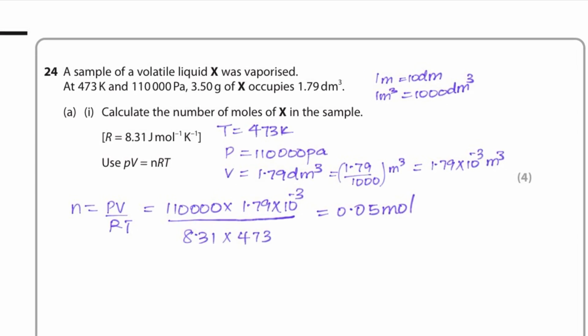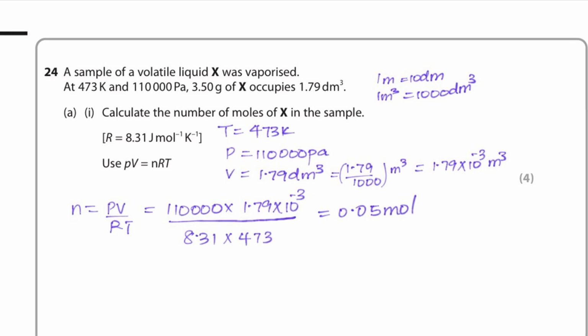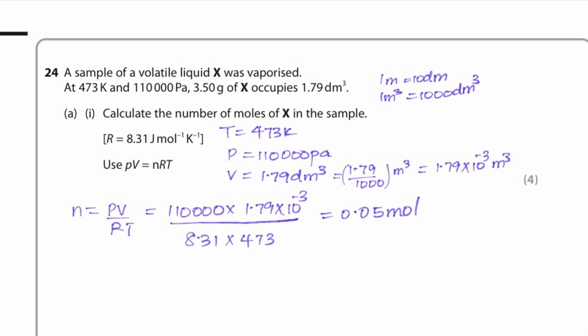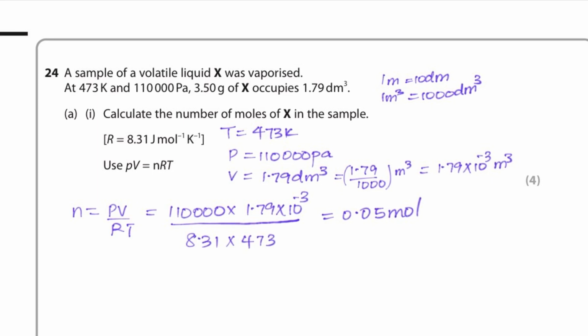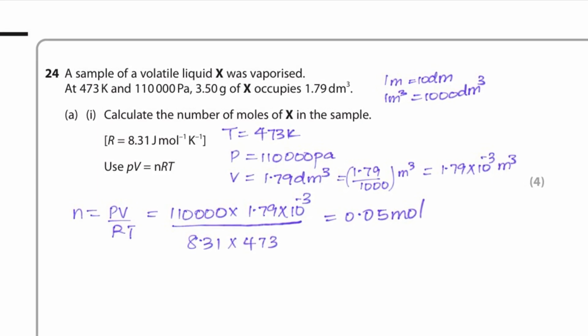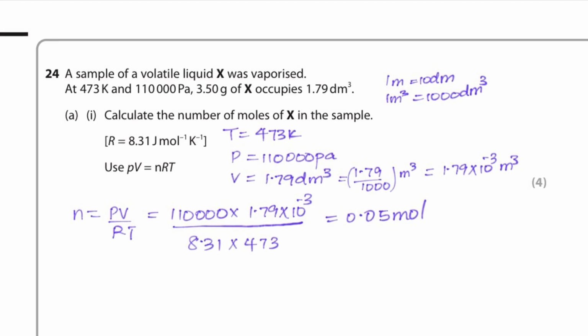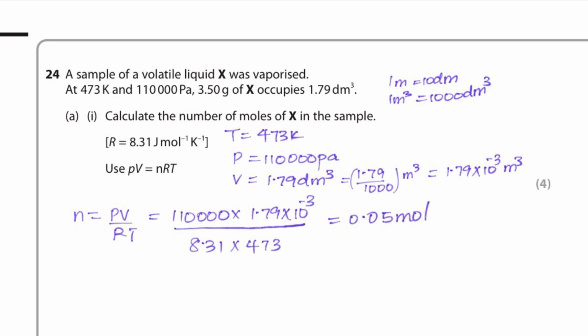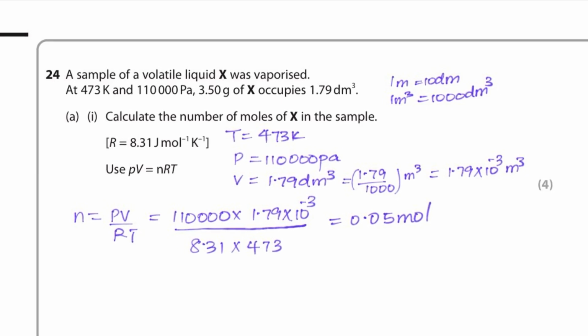Volume must be in cubic meters. So we convert 1.79 cubic decimeters to cubic meters. That's 1.79 divided by 1000. Temperature is 473 Kelvin. So plug into the equation, then divide all by 8.31 times 473. That gives you 0.05 moles.